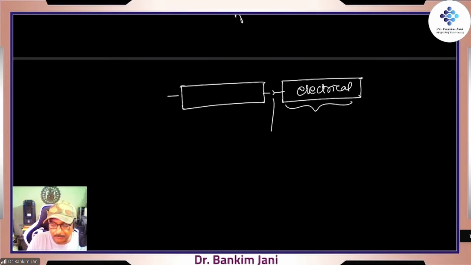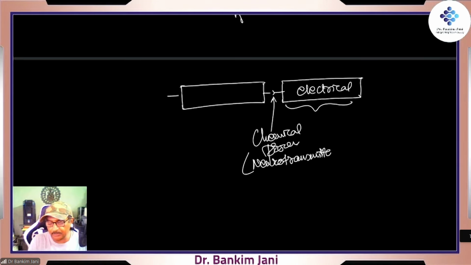So it is at this point where there is a chemical process running. That chemical process is nothing but the neurotransmitters. When we discuss those neurotransmitters in detail, we will see how they conduct. The foundation would be channels.